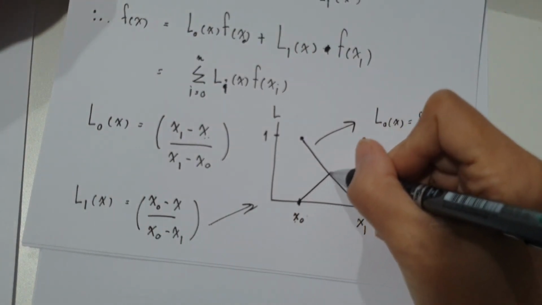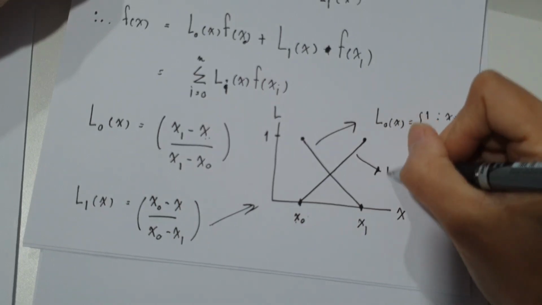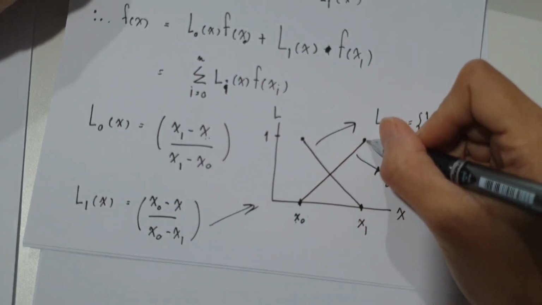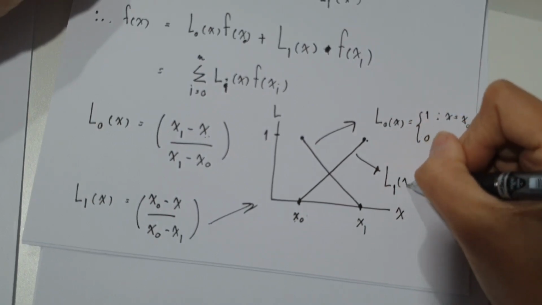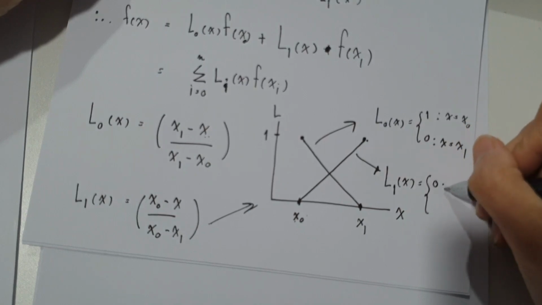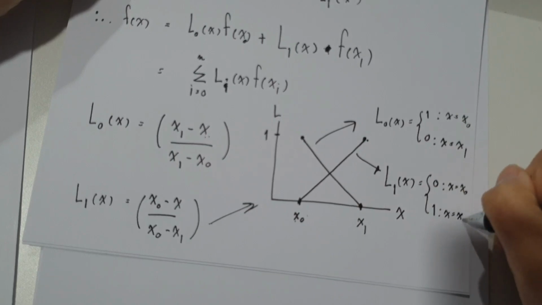So the L1 function will look like this line. This is L1(x), and it will be equal to 0 if x equal to x0 and equal to 1 if x equal to x1.